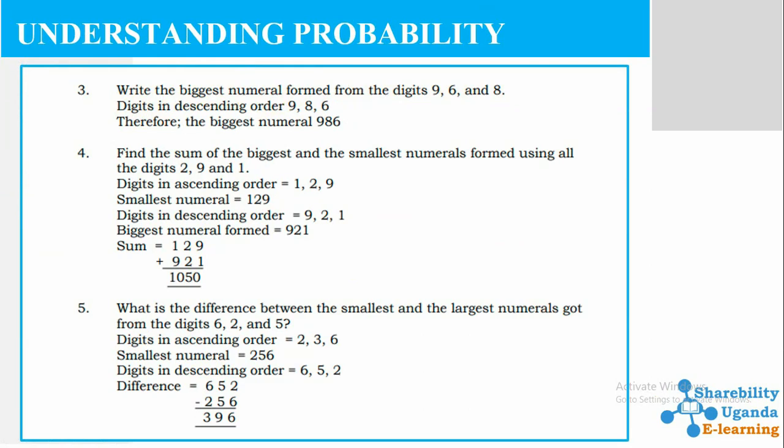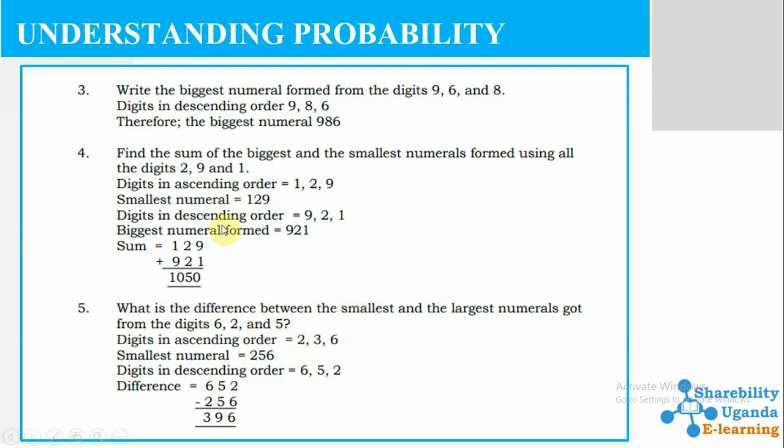Then in example 4, which is question 4, they are asking us to find the sum of the biggest and the smallest. Here they are bringing in an element of getting the sum, where we said sum means addition. They are also talking about the difference between the smallest and the largest.